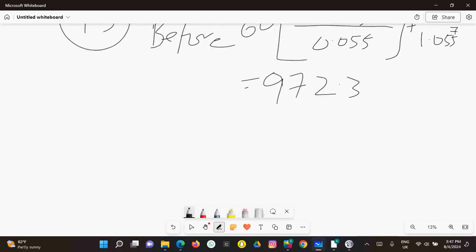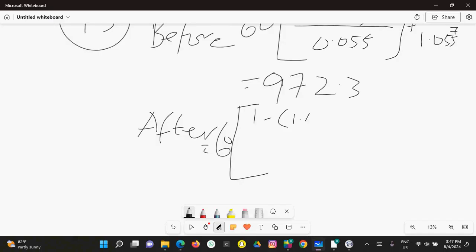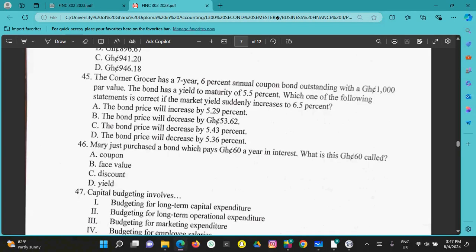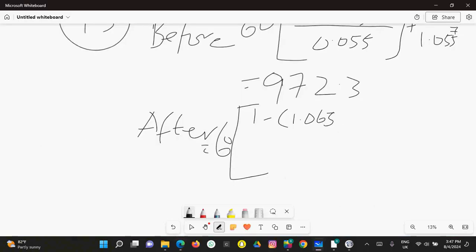Then now after, the same thing, 60. 1 minus into brackets 1.065, so it changes to 6.5%.